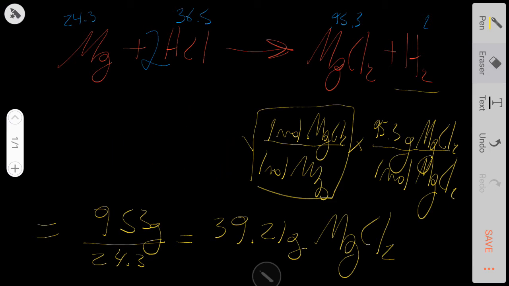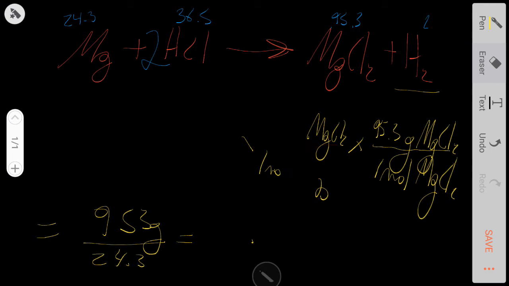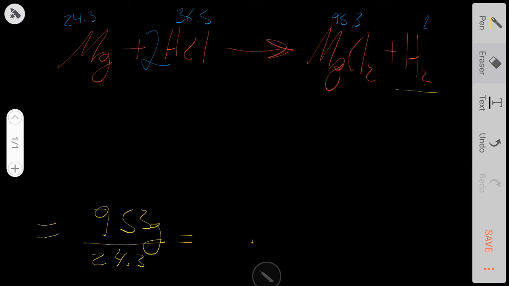All right. So now let's say I want a certain amount of product. I'm sure we've all faced this before where we said, hey, you know what? I want 24 grams of magnesium chloride. I have a huge box of magnesium sitting in the lab. How much hydrochloric acid do I need to get?